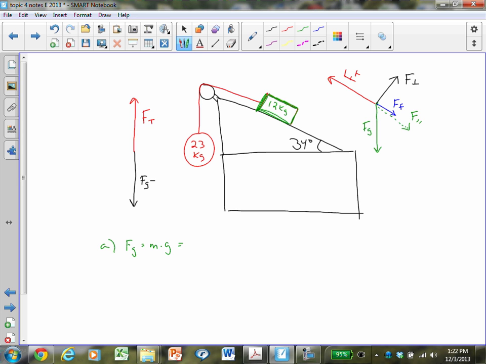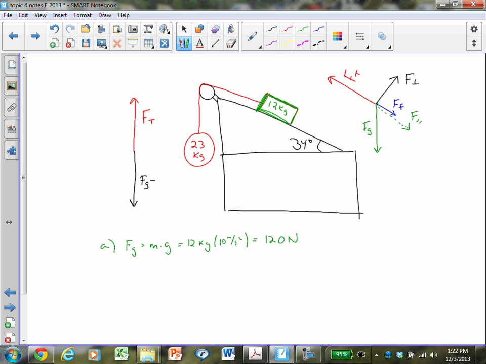It's 12 kilograms. It's the block. It says the block, not the hanging mass.